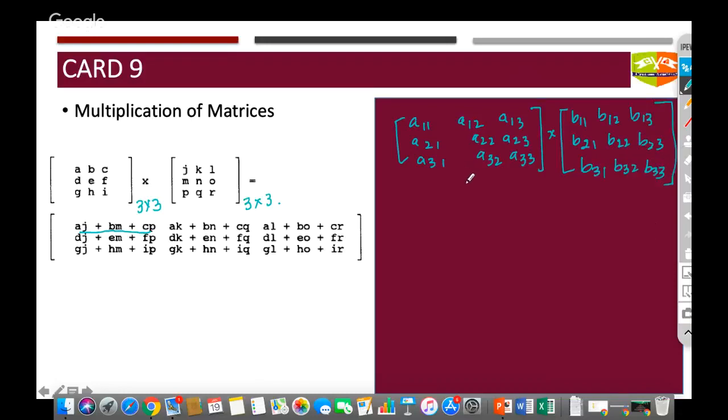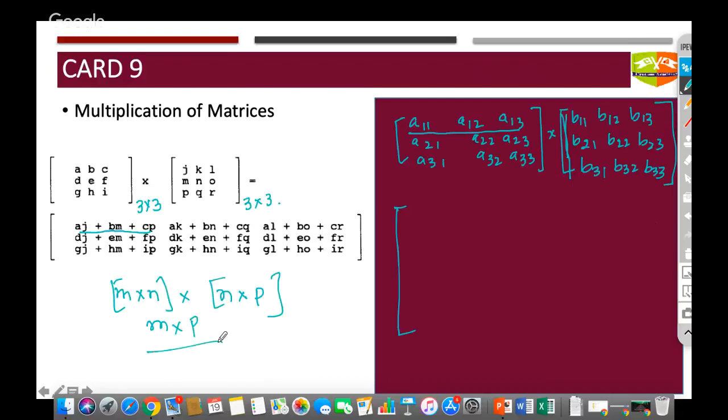Now the multiplication method is pretty simple. You take the first row and the first column the first time. So try to understand the order of the multiplication. What would be the order of the multiplication? If you have a matrix of m into n, and you have a matrix of n into p, and you multiply these two matrices, you find the order of the resulting matrix is m into p.